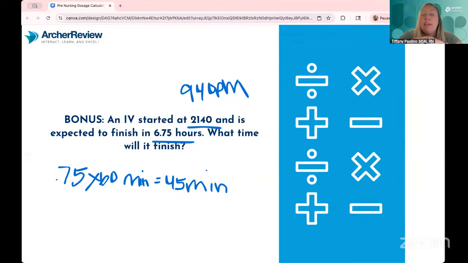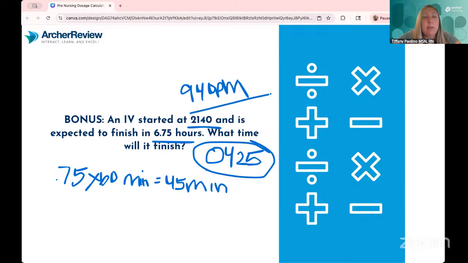Now I need to add 45 minutes to that. What's 45 minutes plus 3:40? It's going to be 4:25 a.m. That is what time this should finish because we're thinking about 6 hours and 45 minutes later from this time, from 21:40.